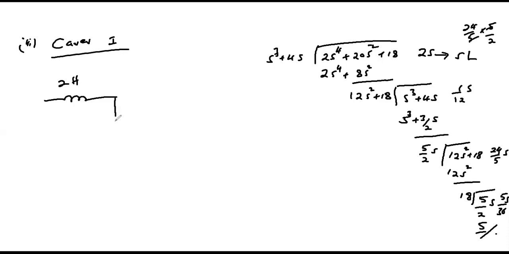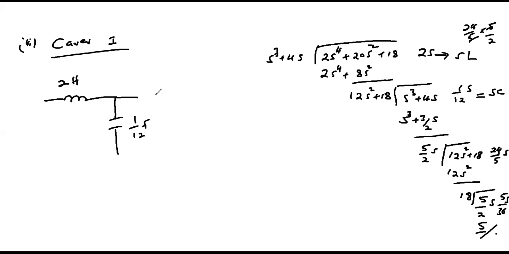Next, we have a capacitor in parallel. If you compare this with SC, you notice that the value of the capacitance is 1 over 12, and therefore we have 1 over 12 farads.